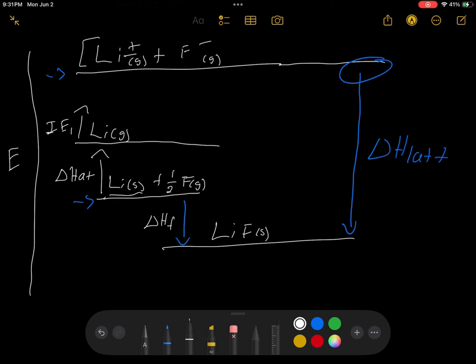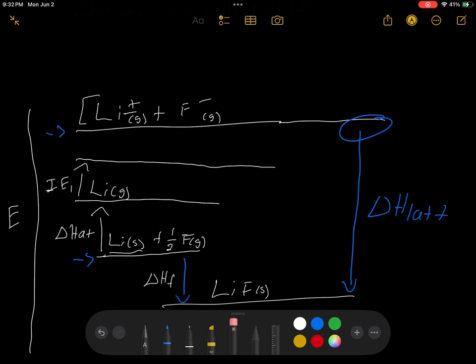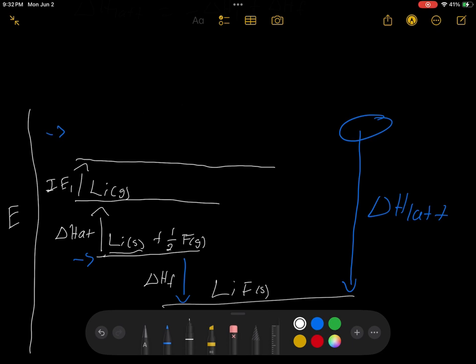I don't have a lot of room, but I'll try my best to keep doing this. You're supposed to make it so that each platform shows one step. I am kind of out of room, so what I'm going to do is raise up this upper platform. Plus 1/2 F2. Oh, that should have been F2, my bad. So that gets us Li plus as a gas, plus 1/2 F2 as a gas.